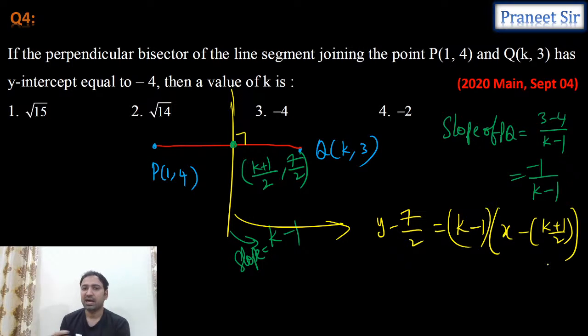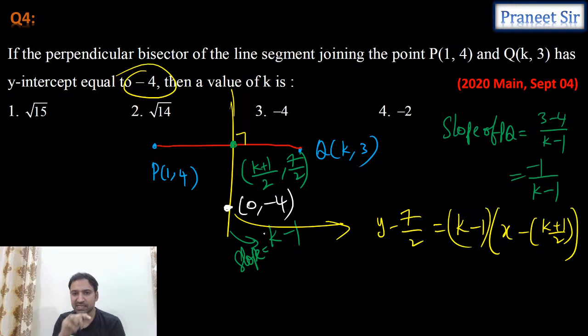Okay, right. And what he is saying is it has a y-intercept of minus 4. Y-intercept minus 4 means what? Can I say that this line passes through the point (0, minus 4)? So substitute this (0, minus 4) here. How much are we getting?